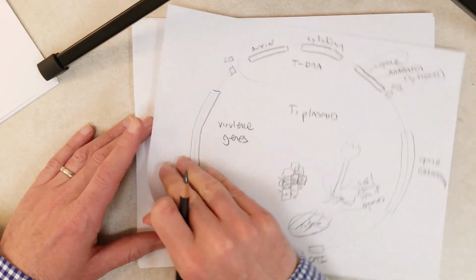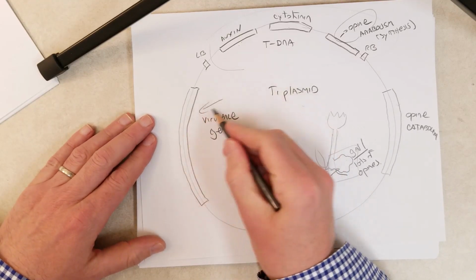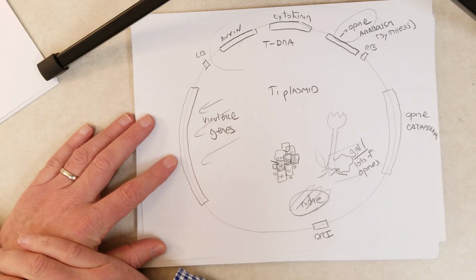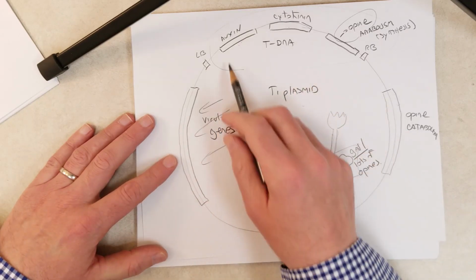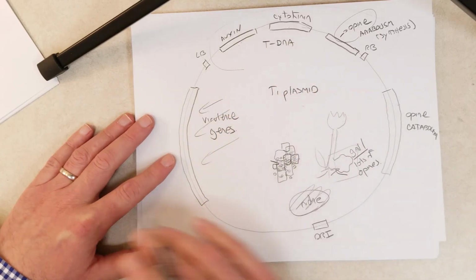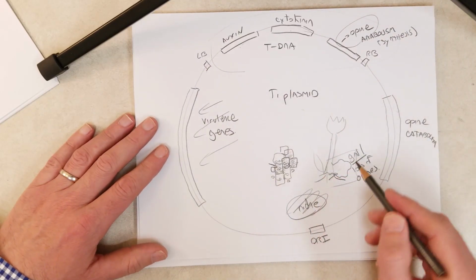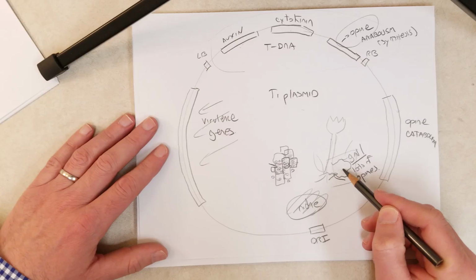One thing I should point out. So if you look in the notes, there's some details on the virulence genes, the different names of the proteins and the roles that they're thought to have in transferring the tDNA. We don't really need to worry so much about that. What we're interested in is, why does the gall form?